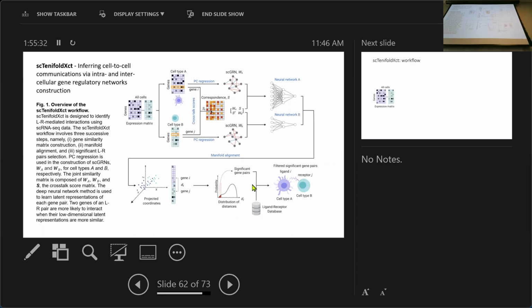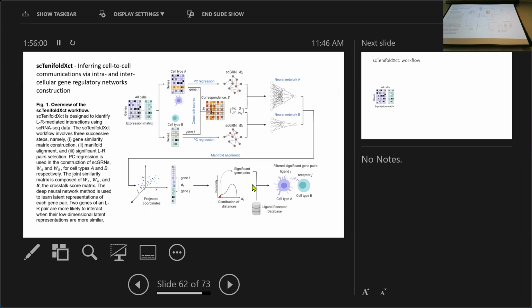Even if you have a very weak correspondence, the push of the two networks may push them together. So you can test this and compare with many other published methods, and ours is the best so far.